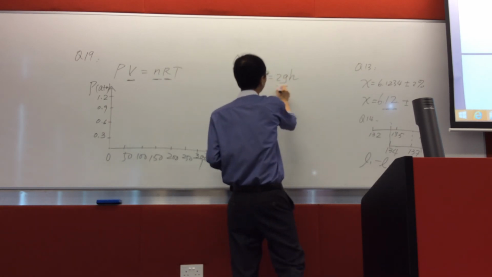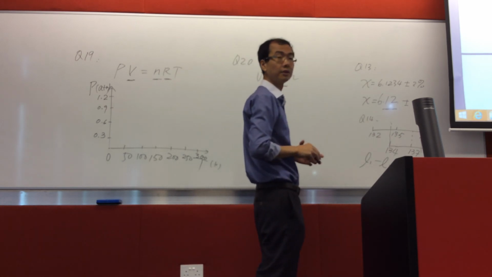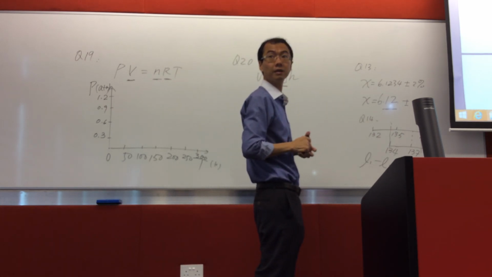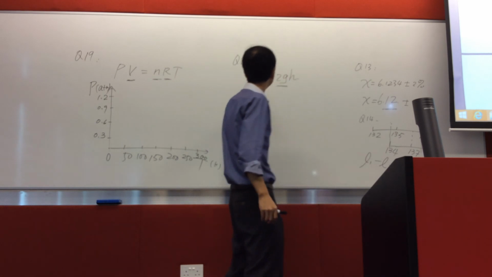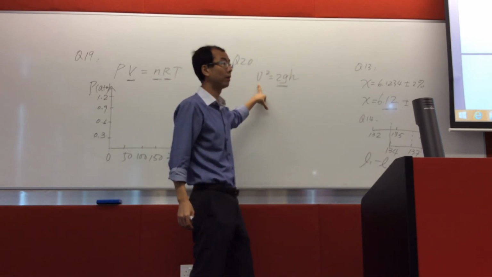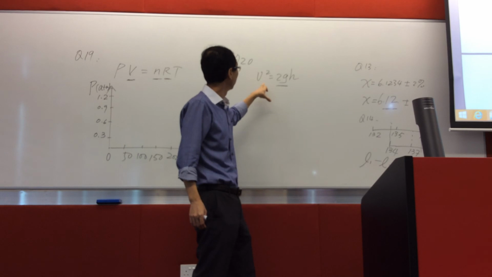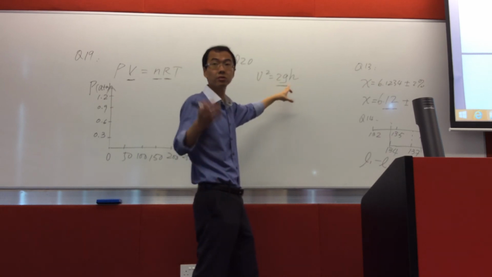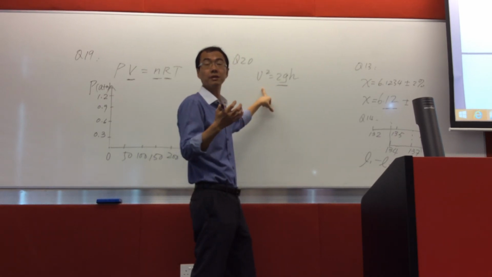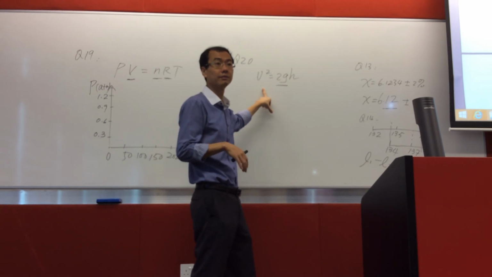So g is the gravitational constant, which is 9.8 something. So if you plot the graph of v squared versus h, you should get a straight line.